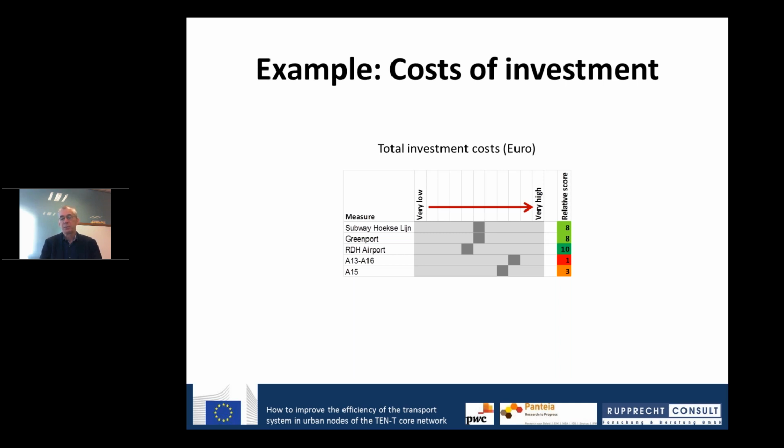Again, these are expert views. It is of course possible later on to show the real costs of investment and then change the results a little bit. The relative score is based upon a ranking between 1 point and 10 points, and when using the euro figures, then it shouldn't change that much in the end.